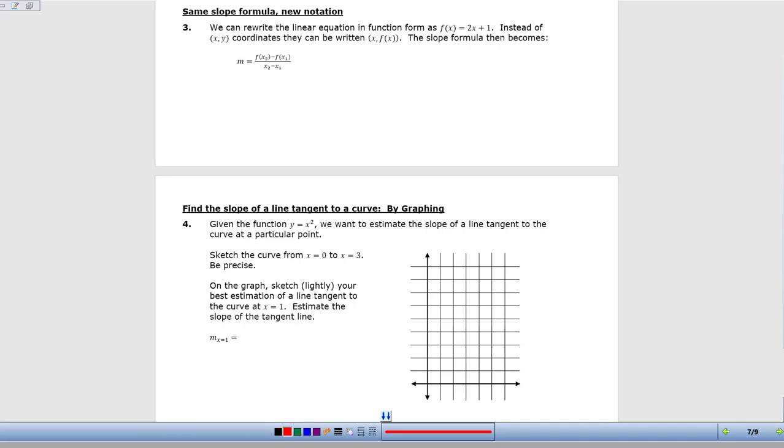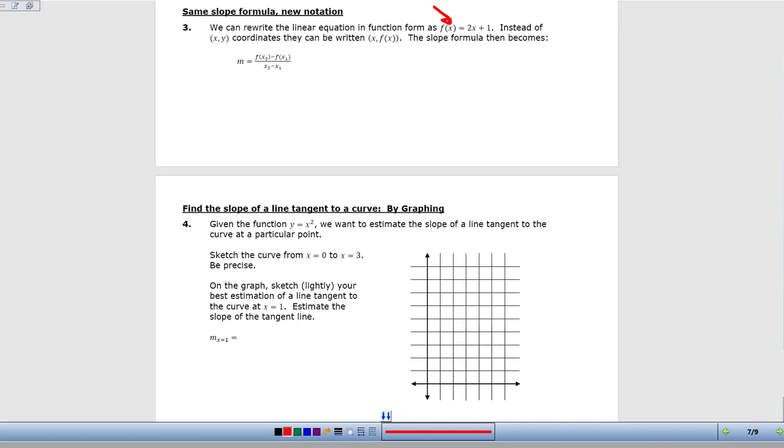Now, as we've advanced in levels of math, we know that a lot of times we look at equations not as y equals something having to do with x, but as functions. So instead of y equals 2x plus 1, we've got f of x equals 2x plus 1, knowing that this notation is slightly different, but it means the same thing.